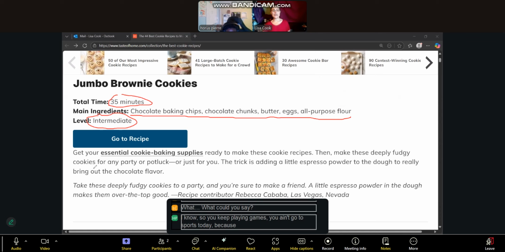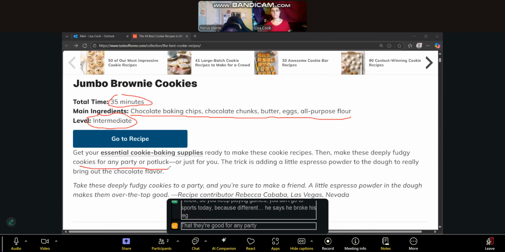That they're good for any party or potluck. So I'm just going to abbreviate JBC. It is good party. I'm going to put homemade or party treat. How's that?